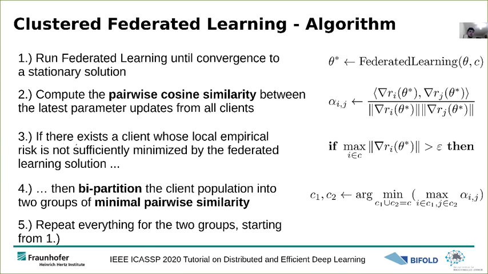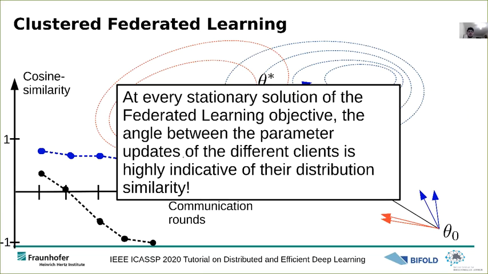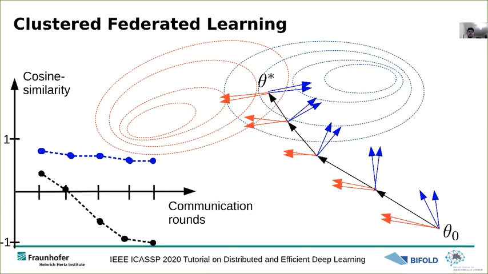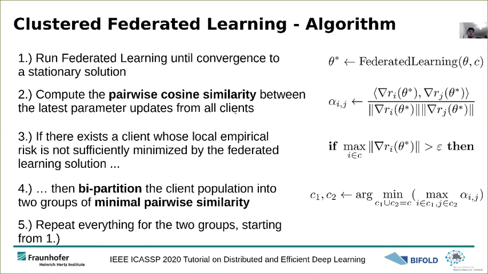Then, if there exists a client whose local empirical risk is not sufficiently minimized by the federated learning solution, so we're in the situation from the slide before, where the gradients are still too large and we have not converged to a solution that is sufficient for all clients, then we simply bipartition the client population into two groups of minimal pairwise similarity.